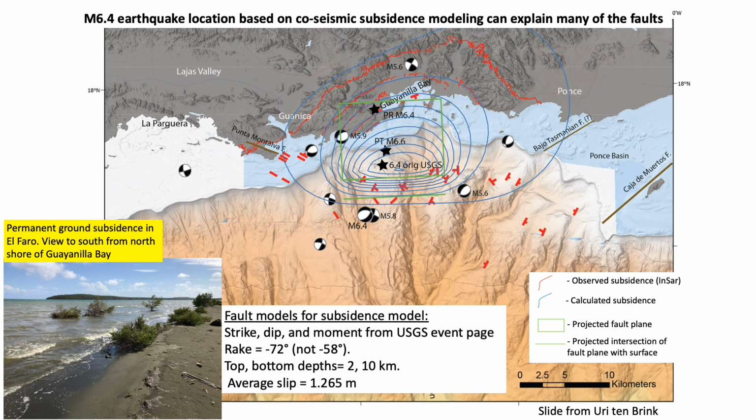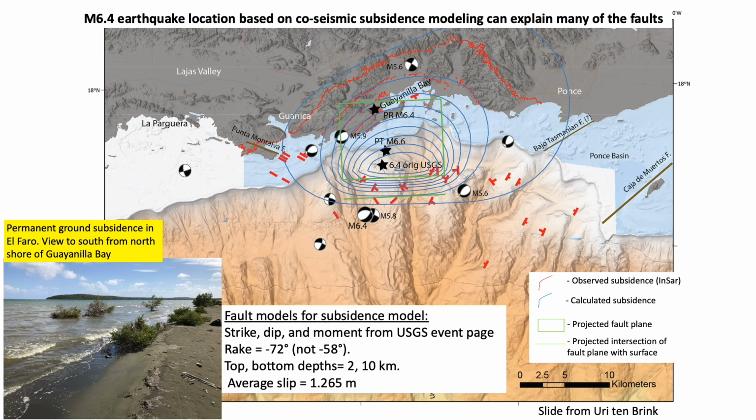His predicted contours from the model are in blue lines that match very well with the red lines that are the measurements from the SAR. And that's for a fault with a top at 2 kilometers depth and a bottom at 10 kilometers depth, and average slip around 1.3 meters.